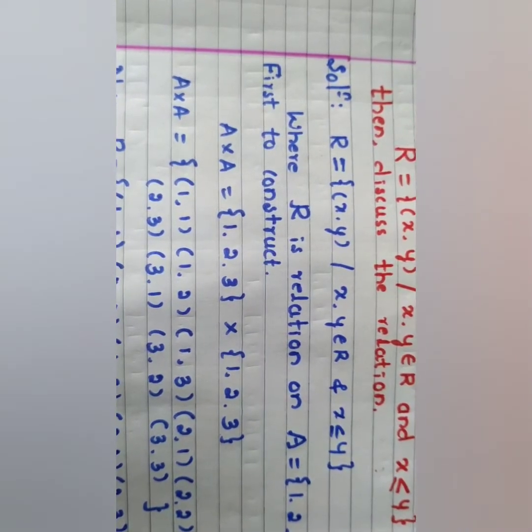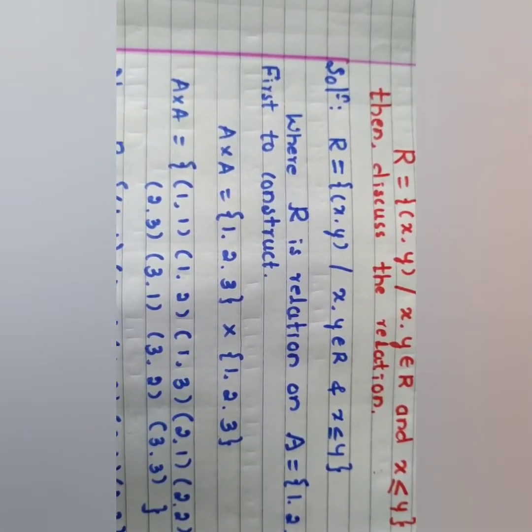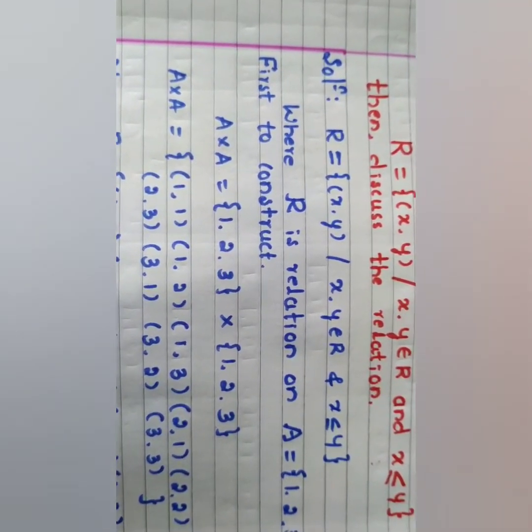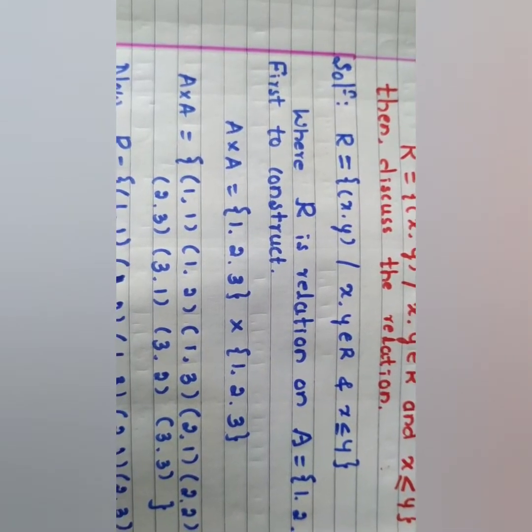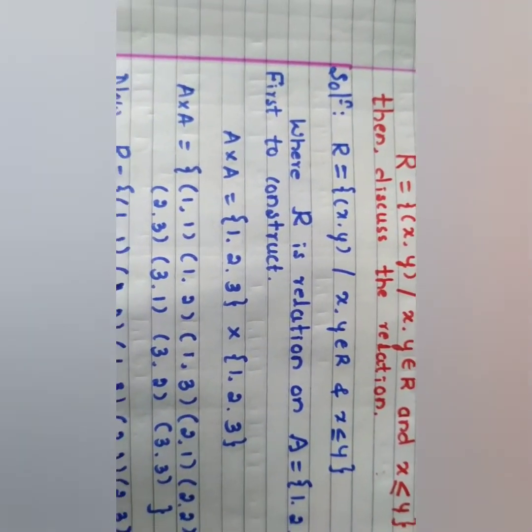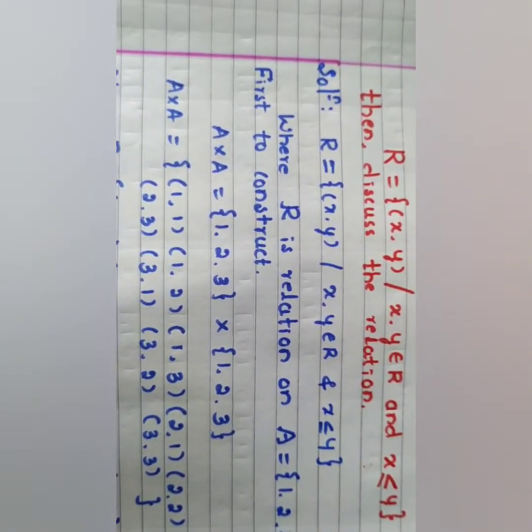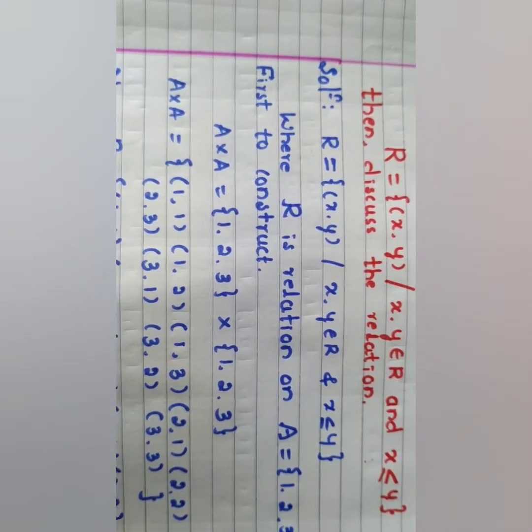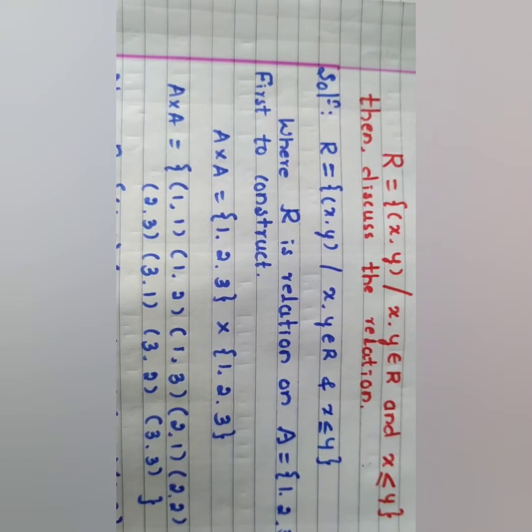A cross A is {1, 2, 3} cross {1, 2, 3}, taking the pair of the elements from A to A. The first element is 1 from A. The pairs along with 1, 2, 3 are (1,1), (1,2), (1,3). Next consider the element 2 with 1, 2, 3, that is (2,1), (2,2), (2,3). Next consider 3 with 1, 2, 3: (3,1), (3,2), (3,3). It is the A cross A.